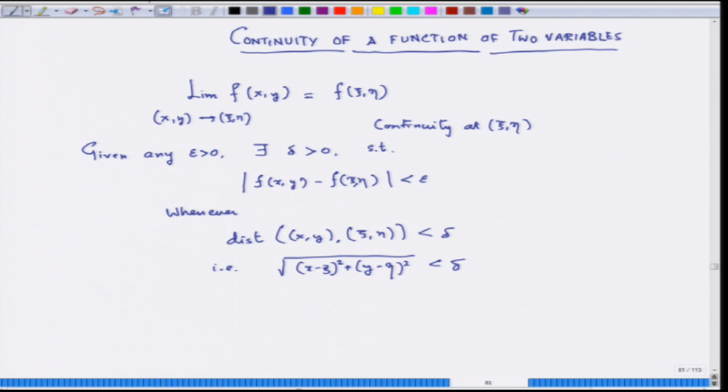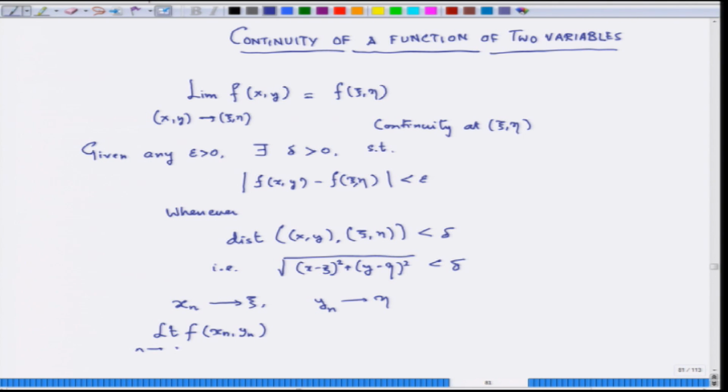Of course, you can say, okay, can there be anything in terms of sequences which we have learned in functions of one real variable? The answer is that suppose you have a sequence xn converging to xi and a sequence yn converging to eta, then limit f of xn and yn as n tends to infinity.